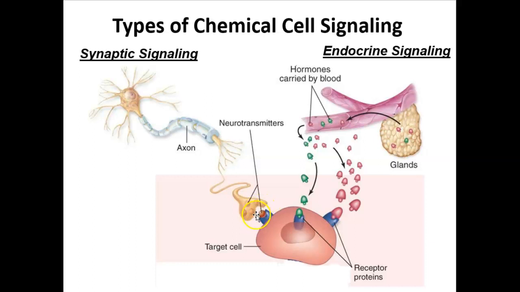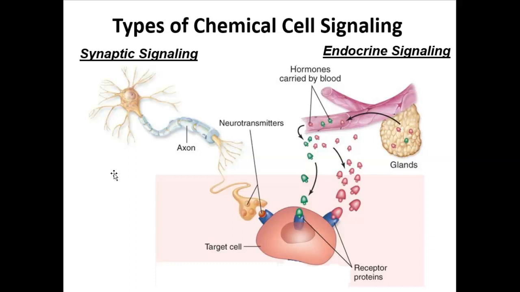So this region is called a synapse. Anytime a neuron is signaling to a cell or activating a cell, it's called a synapse. So this is synaptic signaling. The end of the neuron is where the ligand will be released or secreted. And the ligand that comes from a neuron is called a neurotransmitter.